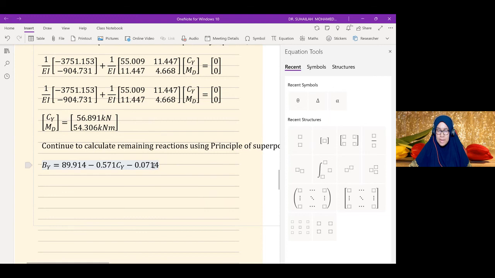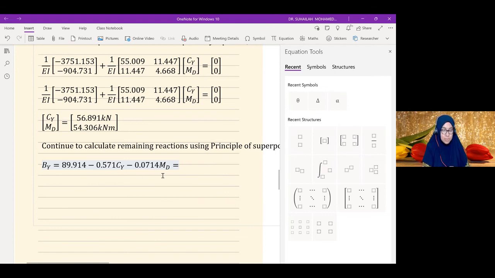This is BY in redundant number 2 times MD. The redundant that we remove, we have to put back whenever we want to calculate the remaining reaction using equilibrium, using principle of superposition.